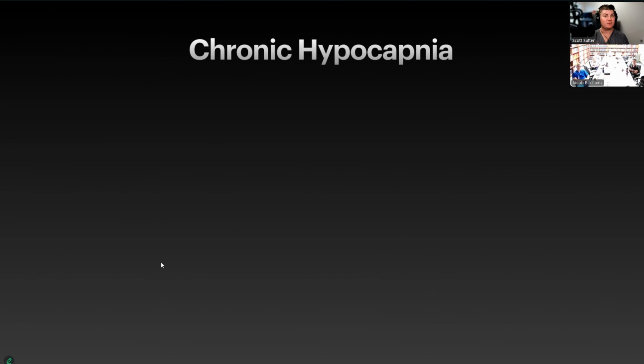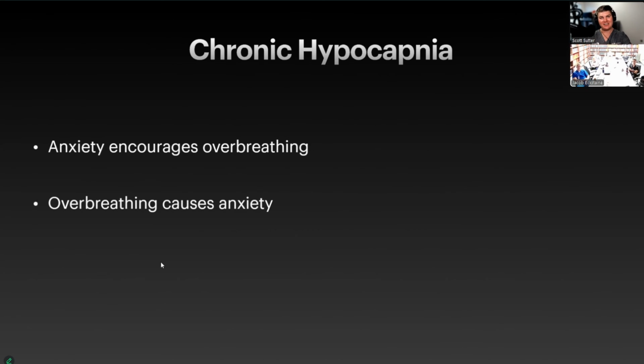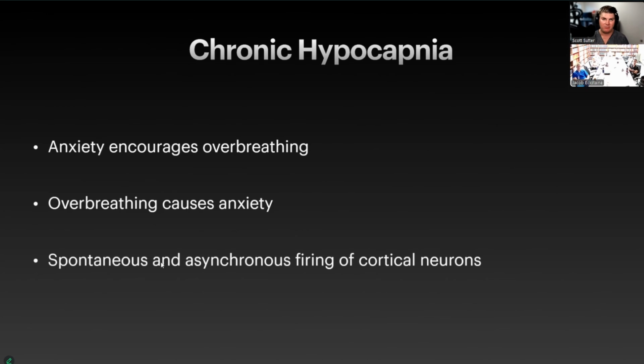If this becomes chronic, you're going to have more anxiety because anxiety causes you to breathe faster. And when you breathe faster, it causes anxiety. Think about the patients who are anxious. When you go to get them numb, what do they all do? And we'll talk about in just a second why that's a problem.